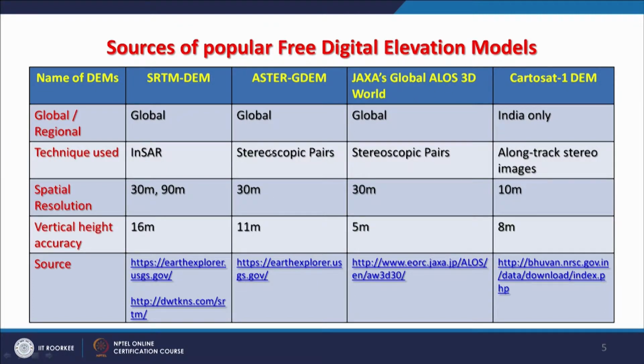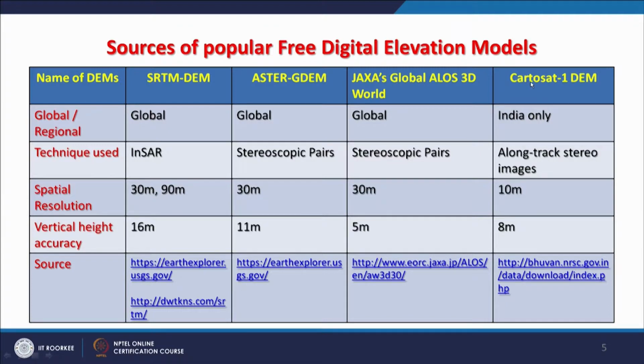The same technique has been used as in the case of ASTER. Spatial resolution is 30 meter, but vertical accuracy or height is 5 meter. Much improved accuracy is here, and therefore it is becoming very popular nowadays. It can be downloaded from this site.